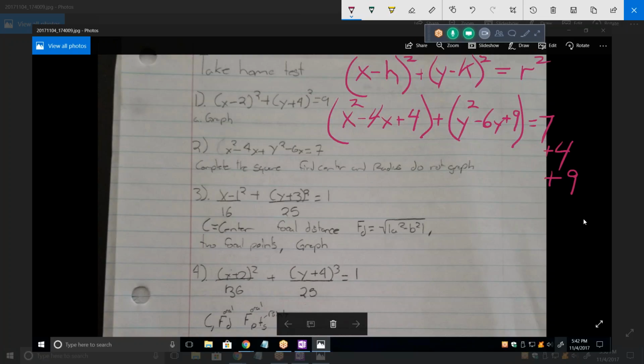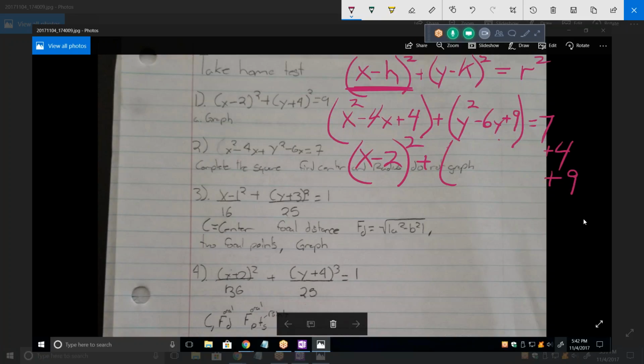Now, because I completed the square, I can write this in this format. I can write it as x minus 2 quantity squared. Always. You can always do that after you've completed the square. That's the reason you complete the square, so that you can write it as a linear term squared.